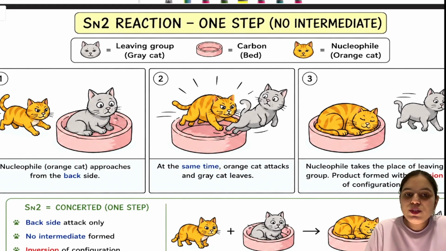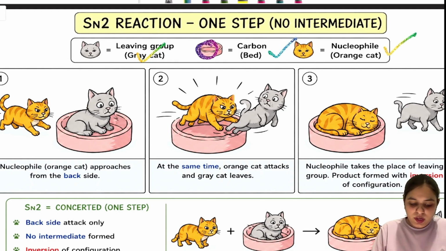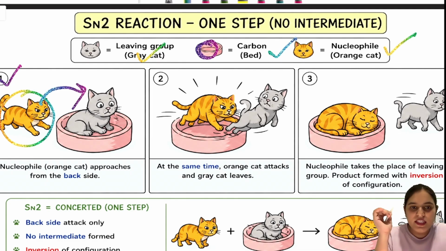Let's understand the SN2 reaction using this simple cat analogy. Here, the grey cat represents the leaving group, the red represents the carbon and the orange cat represents the nucleophile. In the first figure, the nucleophile, represented by the orange cat, approaches the carbon atom from the back side, opposite to the leaving group.